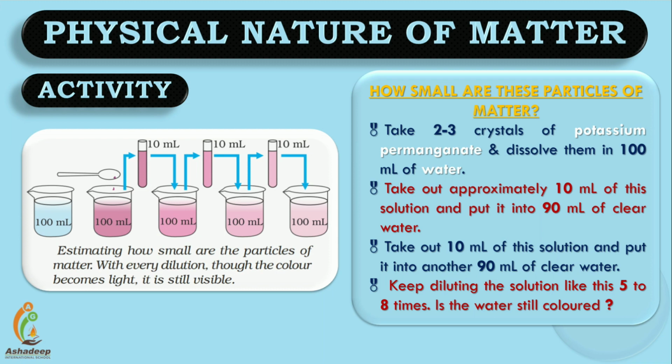Now what does this activity show us? This activity tells us that the last beaker, when you observe its color, will still have pink color, but the first beaker will be dark pink in color, whereas the last one will have light pink color.